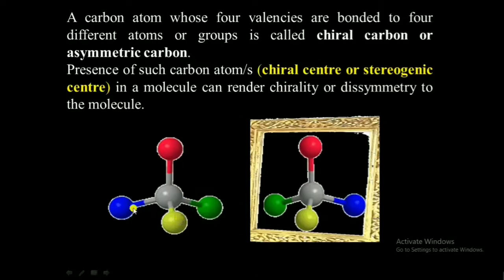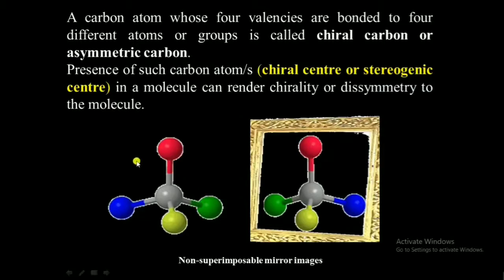But in the position of the blue ball, here comes the green one, and in the position of the green ball, here comes the blue one. So you cannot superimpose this mirror image with this one. Even if you try to rotate it, you still cannot superimpose them. That means these two are isomers; these two are not the same molecule, they are different. These two molecules are non-superimposable mirror images.